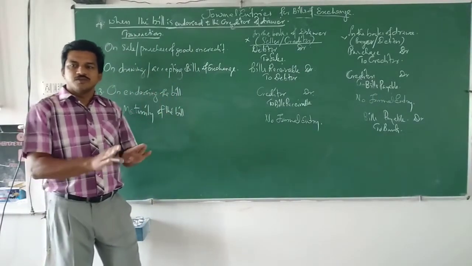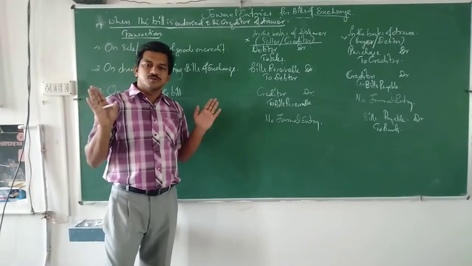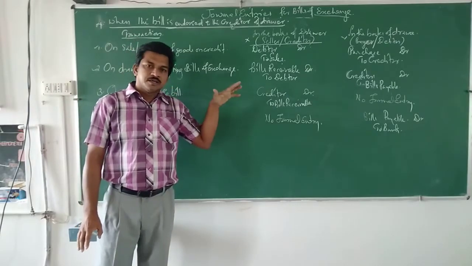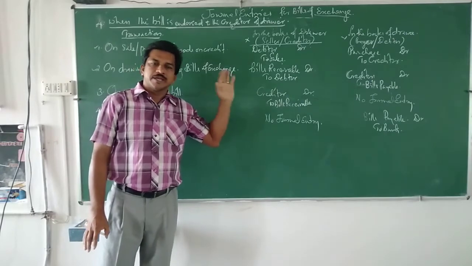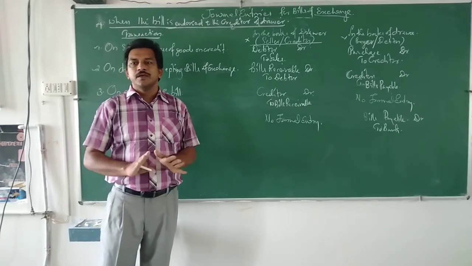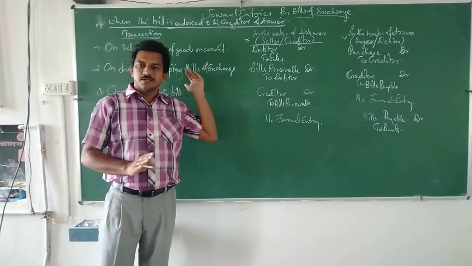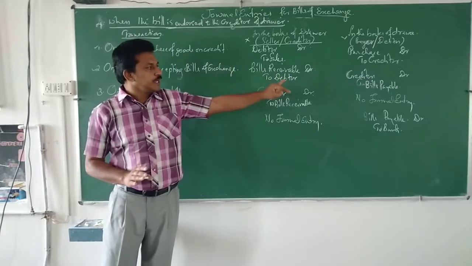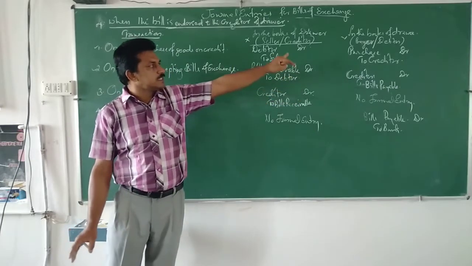Understood? So we have completed those four cases. Here one thing you can make clear: in the books of drawee, whatever the drawer does with the bill, drawee has only these three journal entries.